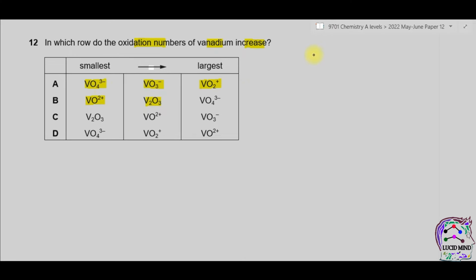First one is VO4 3-. We have 1 vanadium, 4 oxygens, and overall charge is -3. For oxygen it is -2, so it will be -8, so V will be +5.